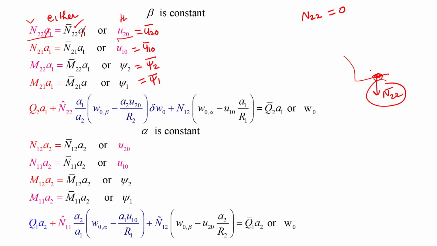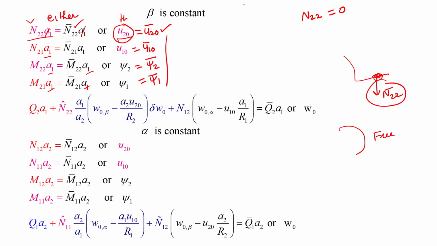In the same way, at the boundary the displacement U20 will be equal to the external applied displacement. This may be 0, may not be 0. It is not necessary that it is 0, so we should write in a more general form. And the second reason to put this A1 here is that for the present case it may get cancelled out, but there are some cases where you say that the boundary is free.